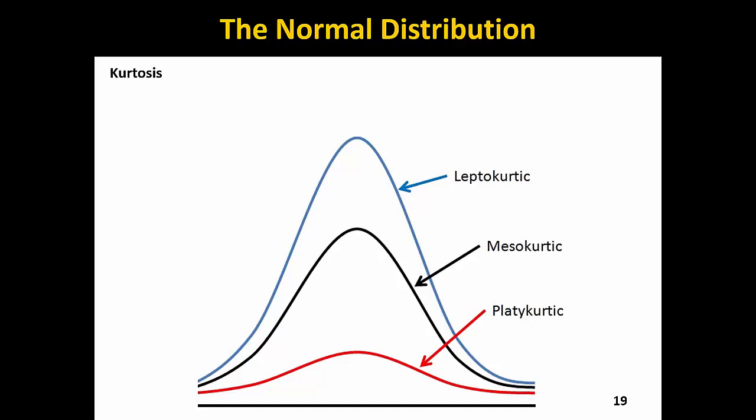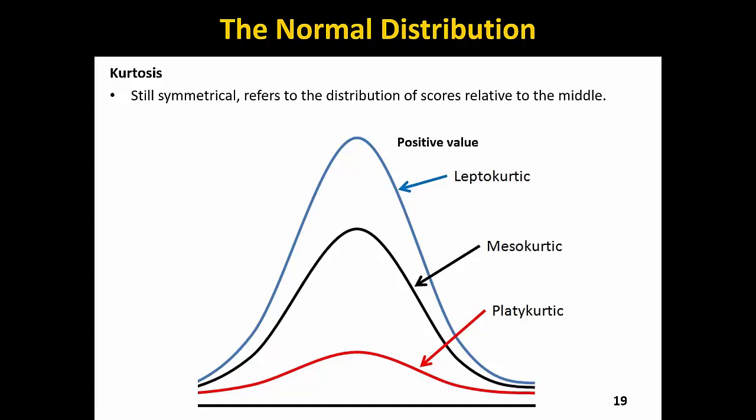So the normal distribution is still symmetrical, but how those scores are distributed does change depending upon the sample that's examined. And so in the blue, we see a very narrow distribution referred to as a leptokurtic normal distribution.